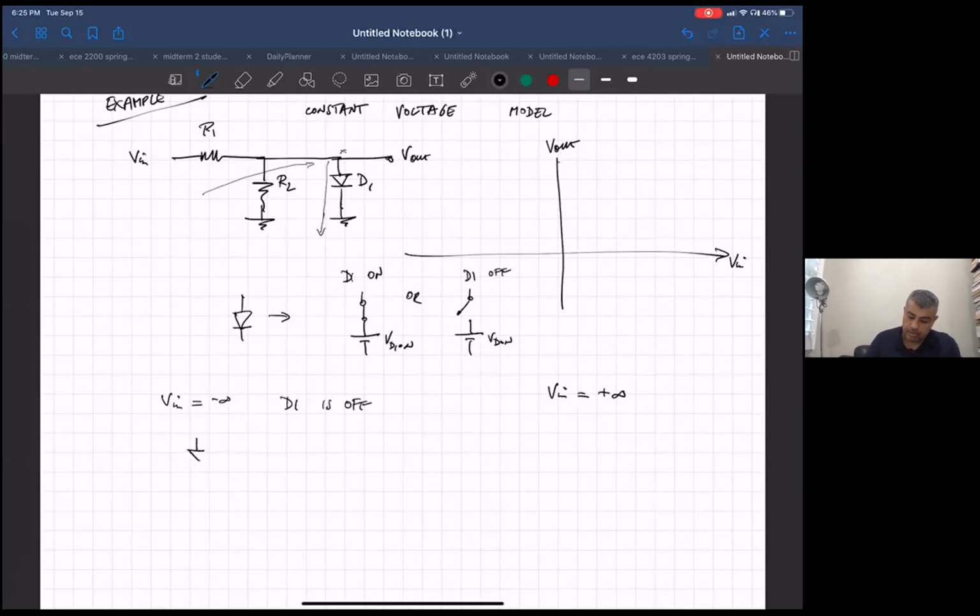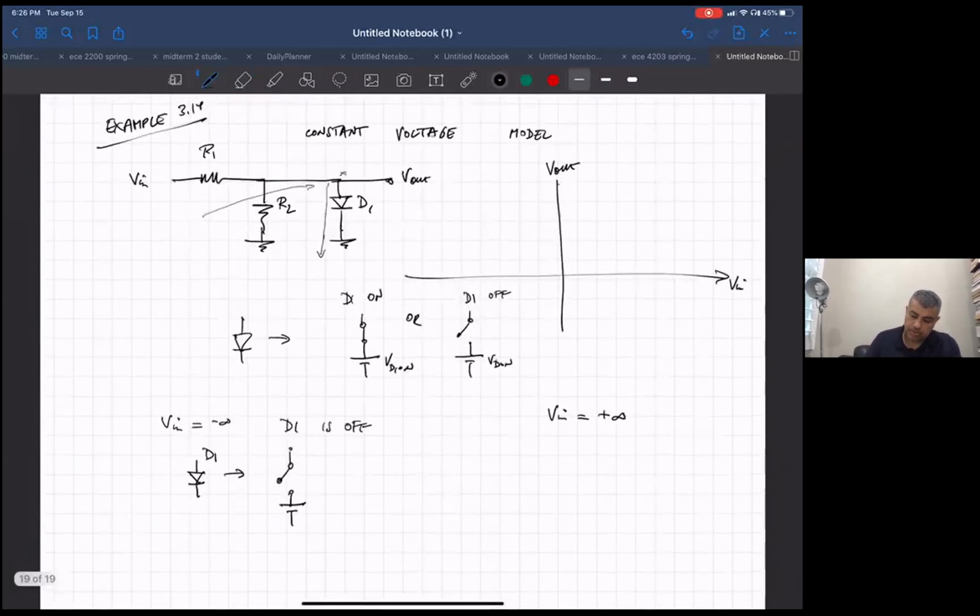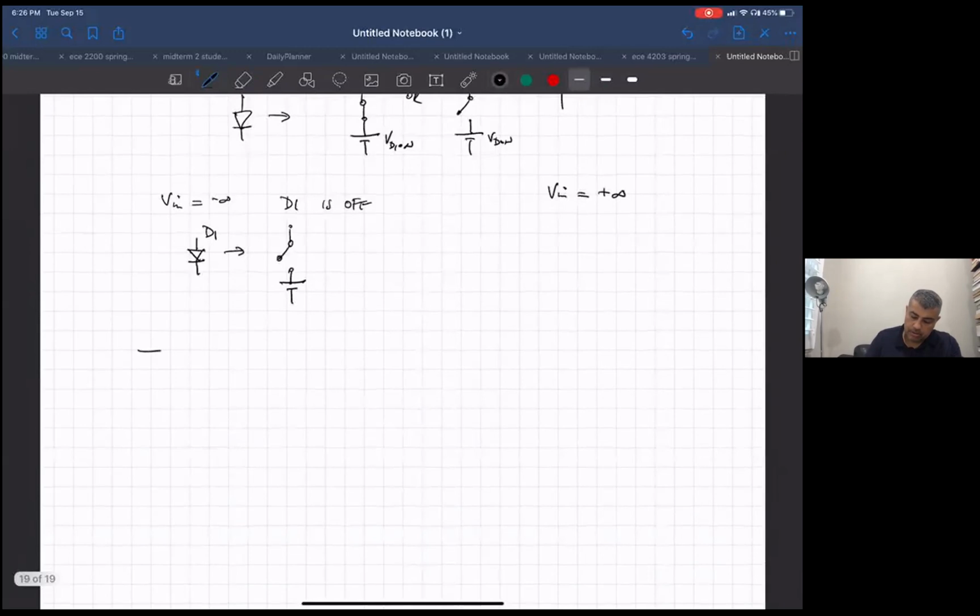Meaning that I'm going to redraw D1 as a switch that's open. And so it's going to look like R1, R2.